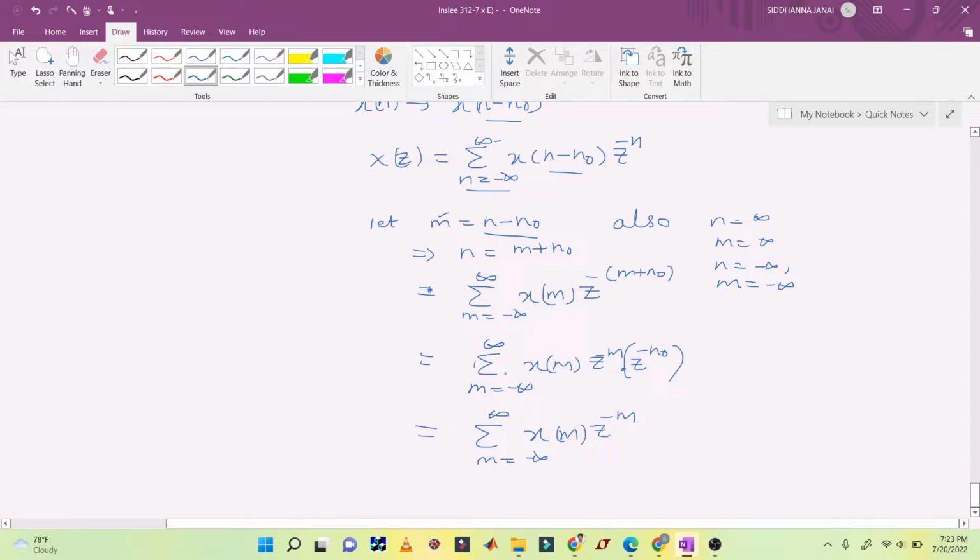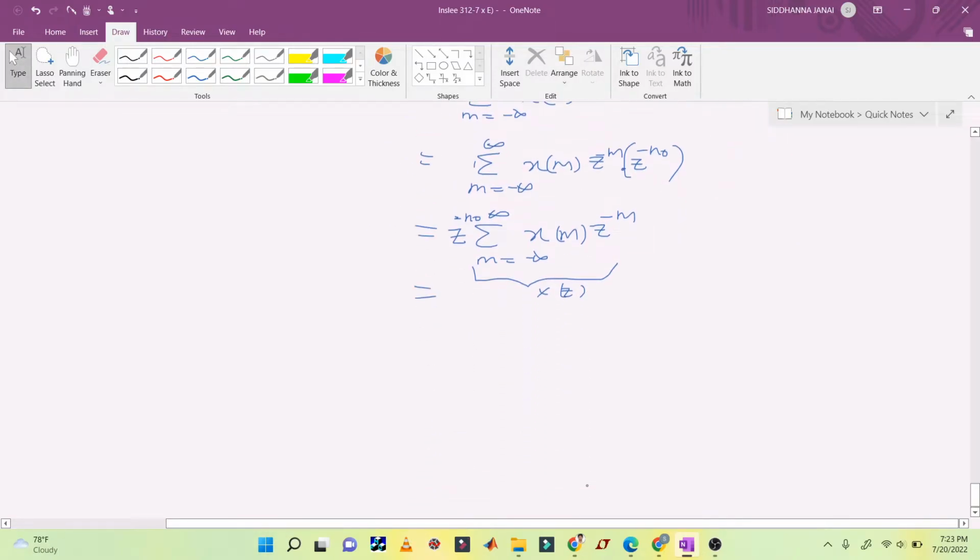The m variable is there, the summation is for m, and this is n naught. So we can take it out as a constant outside. But what is this term? This term is nothing but X(z), correct? Any variable we can use, x[m], x[n]. This equation will produce us X(z).